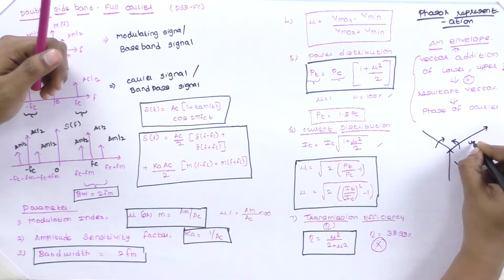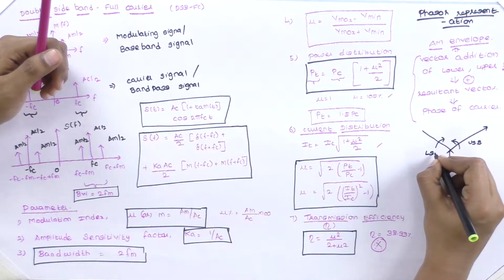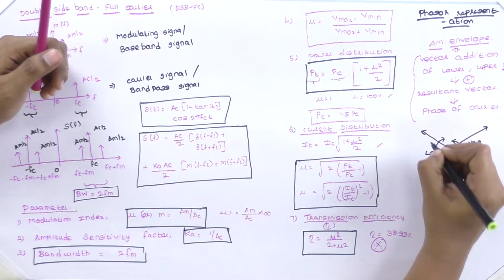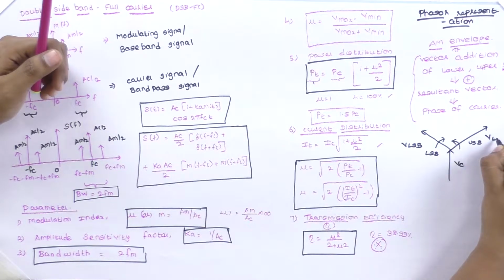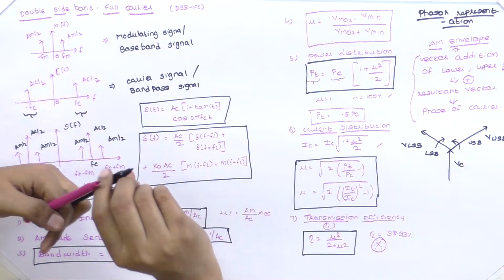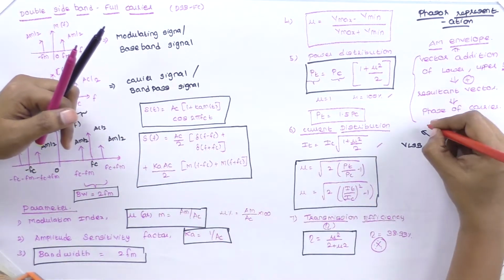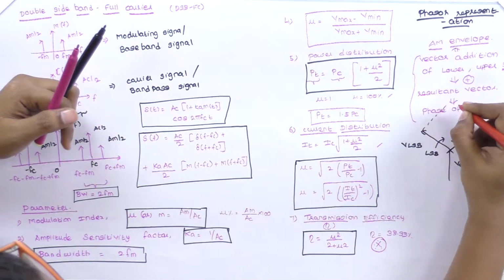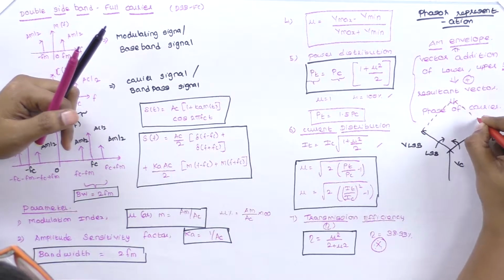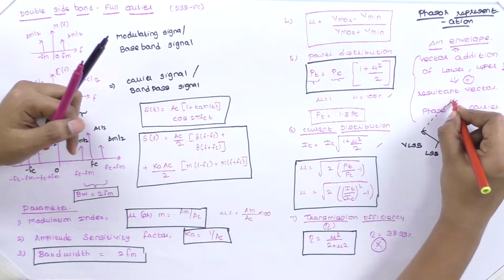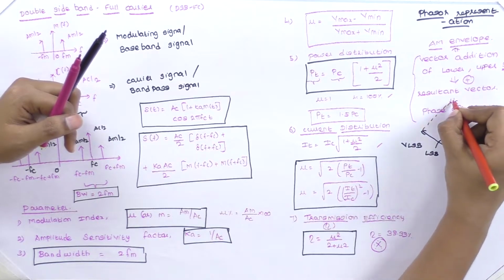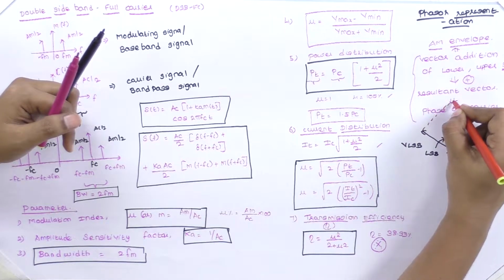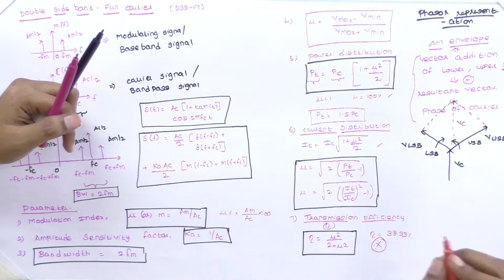Our lower sideband will rotate in the clockwise direction. It is referred to as VLSB, and here it is referred to as VUSB. So, the resultant vector is calculated by vector addition of VLSB and VUSB, and this result is combined with VC. So, this will form an AM envelope.